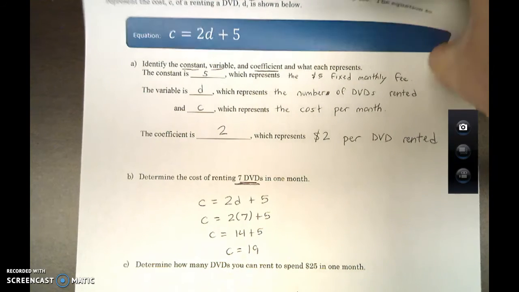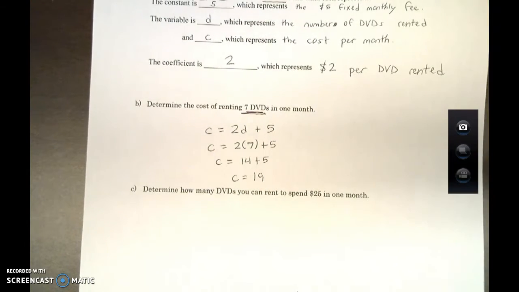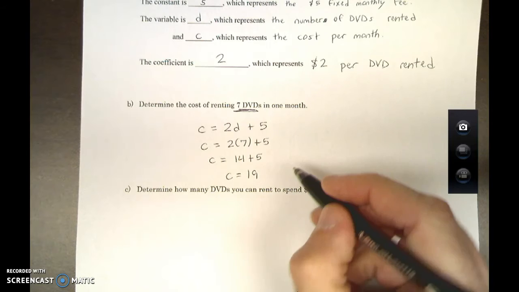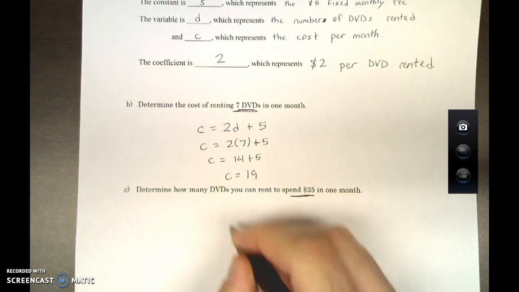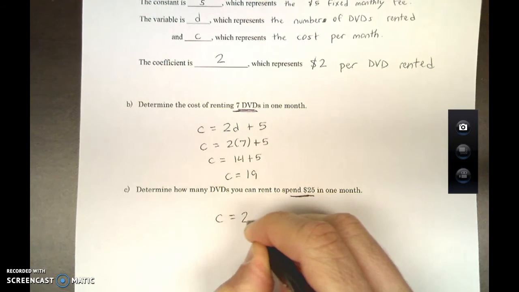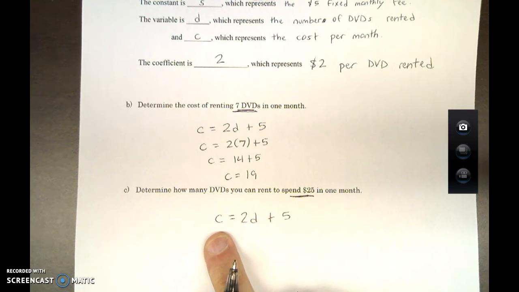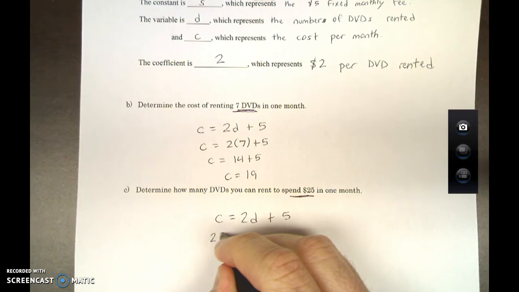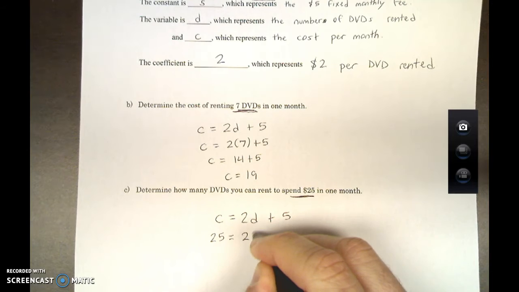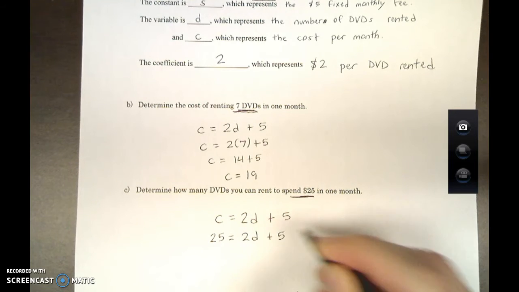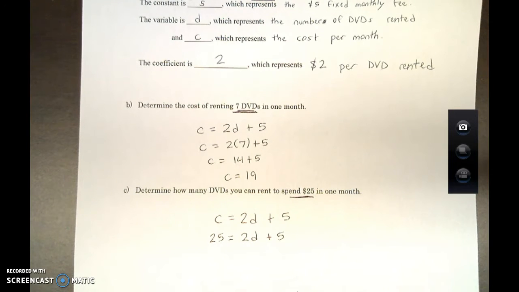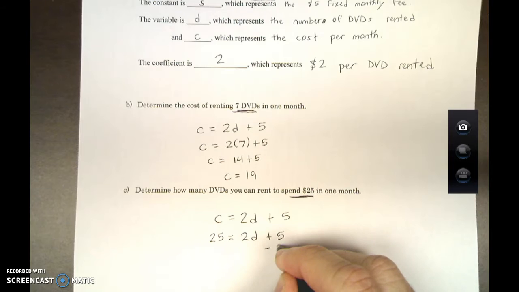On the flip side, the next question asks, determine how many DVDs you can rent to spend $25. So this time in my equation, $25 represents the cost. So I'm going to replace it with the C value. And so we've worked on solving 2-step equations.